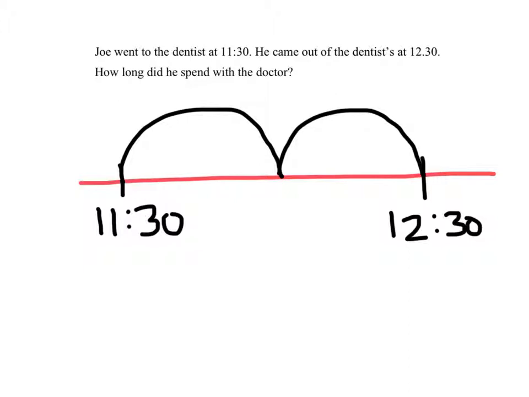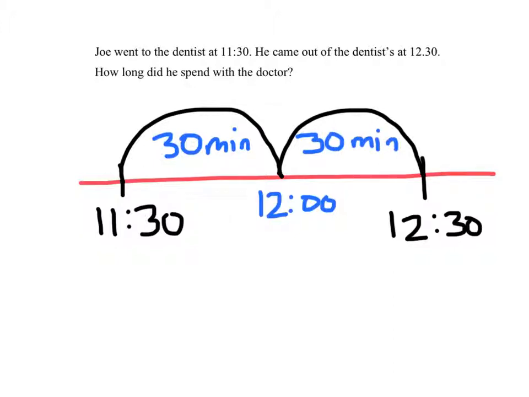It's quite useful to land on the o'clocks. So we can see that from 11:30 till 12, that's 30 minutes. And from 12 o'clock to 12:30 is another 30 minutes. So altogether, he was in the dentist for 60 minutes, which happens to be 1 hour.